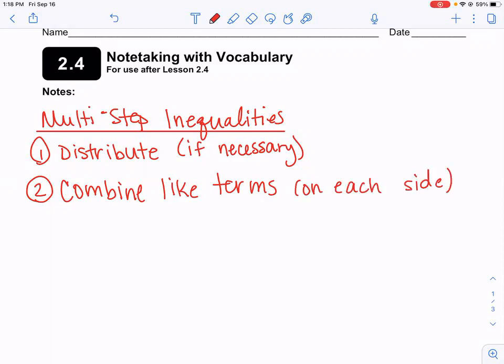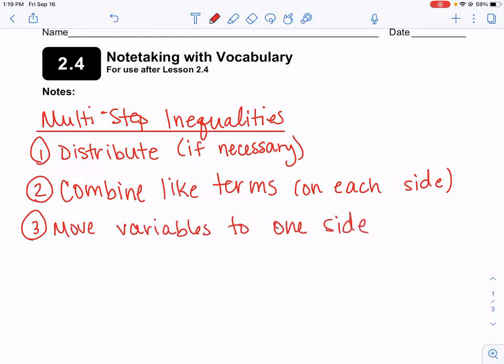Okay, then we're going to have to decide where we're going to move our variables and where we're going to move our constants. Okay, so I would like you to always move your variables before your constants. So move your variables to one side. And then you're going to move your constants to the other.